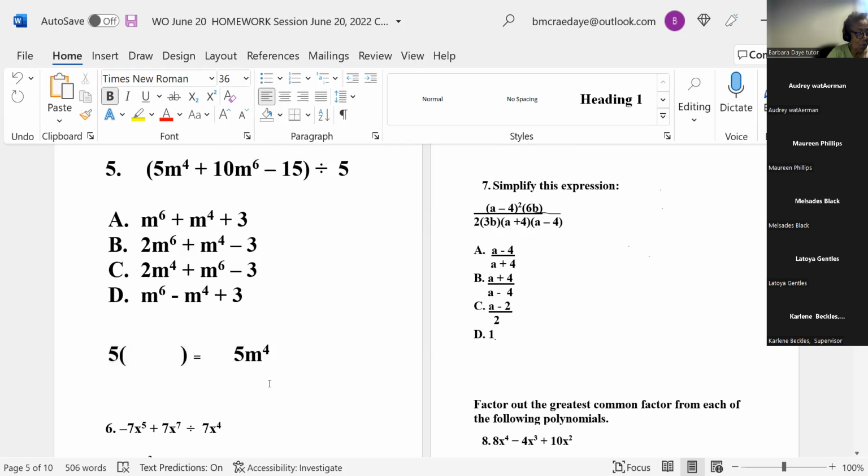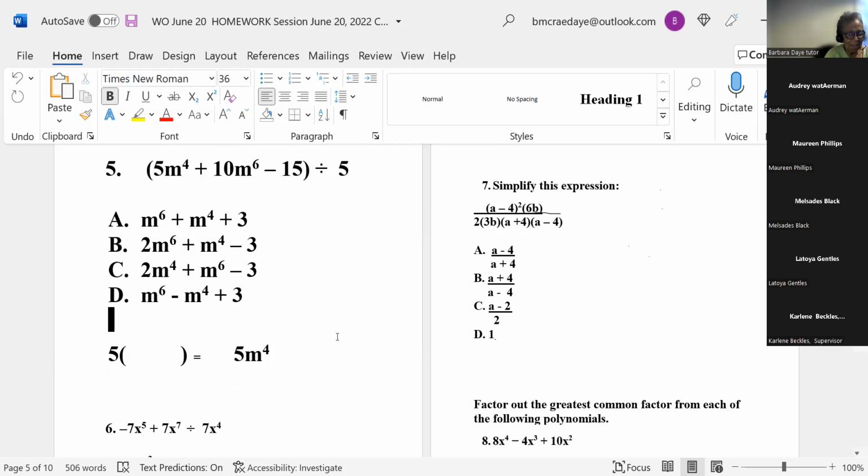Okay, so Maureen, what goes here in the parentheses if I want to get 5m to the 4th? 5 times what factor gives you 5m to the 4th? 20? No. 25?